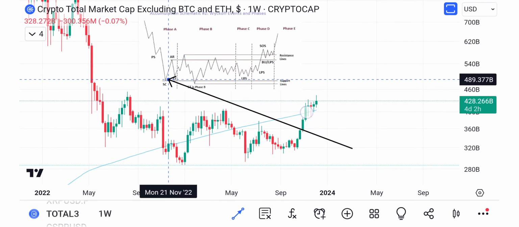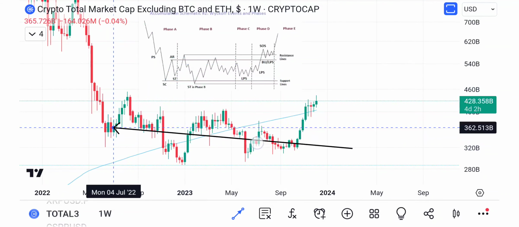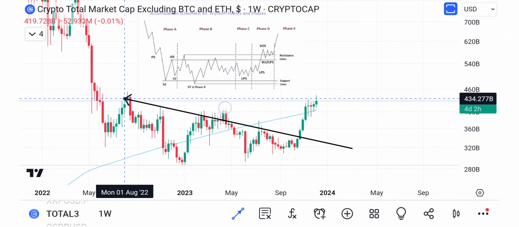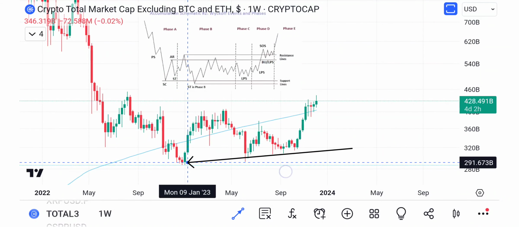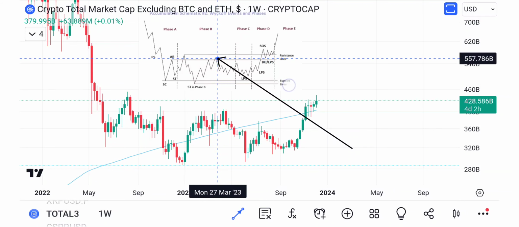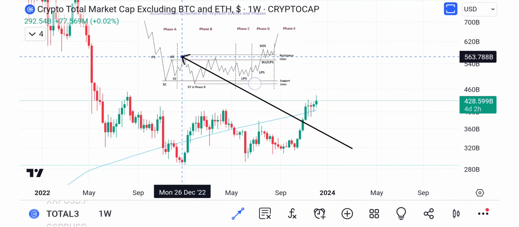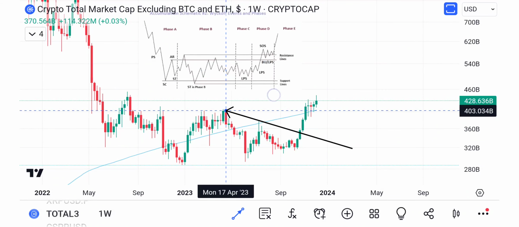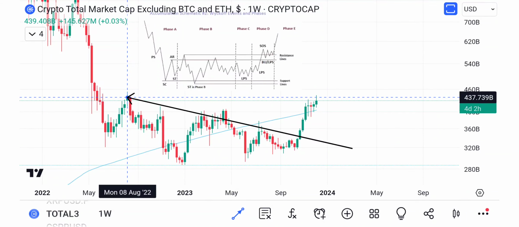So we have this up move. Same thing here. We have this up move. Then we have this move to the downside. Same thing here. Secondary test, phase B. Then we have this retracement back to the upside, not necessarily taking out this high. Same thing here, not necessarily taking out that high.